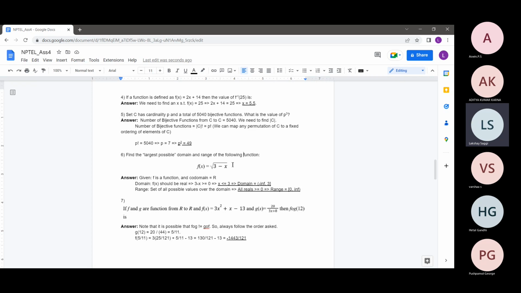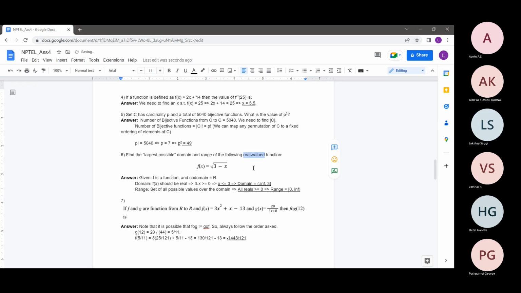Square root of minus one is iota, but you can always define that this root function will only denote real valued outputs. If I want to denote the iota terms, I can instead write it as 3 minus x raised to power half. That is a different notation and a different function. This root symbol is the notation for a different function, which only has a codomain of R.